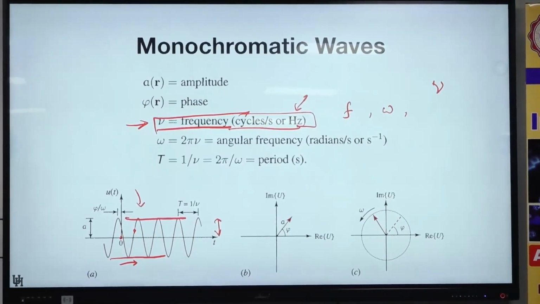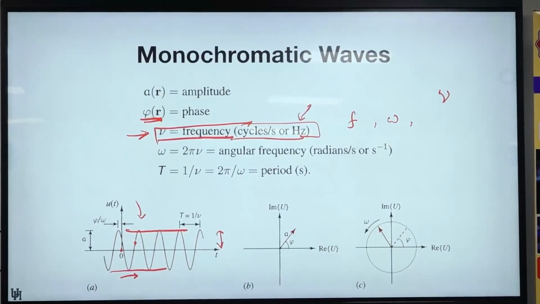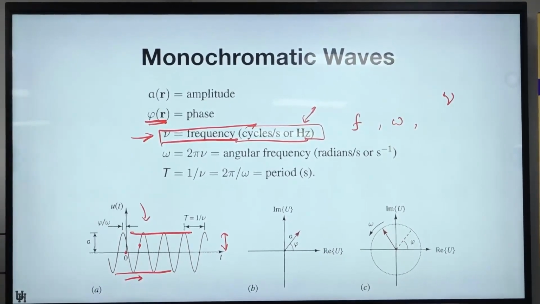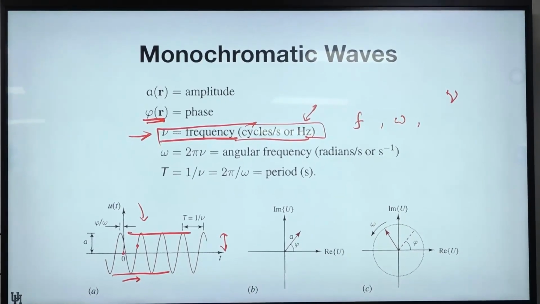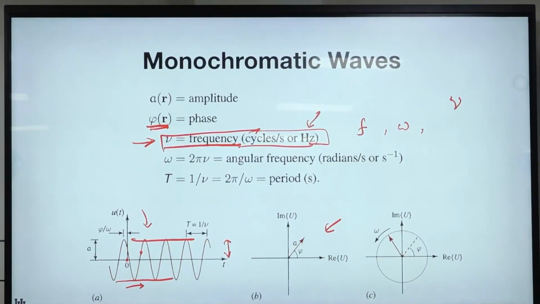It could be a function of space, or if it's a function of space, it could also be a function of time. So this is a complex number, and you have an amplitude and an angle. As you can see from here, A is the amplitude and phi is the phase.